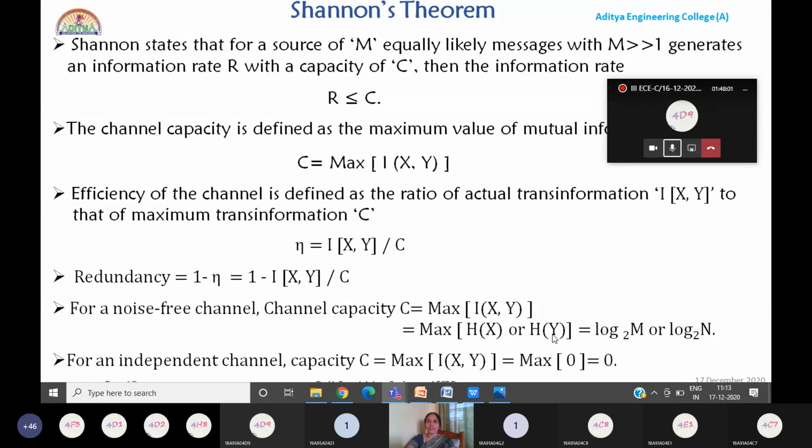okay, here we are considering two sections. One is the transmitter and the other is the receiver. For m equally likely messages, the maximum entropy occurs at P is equal to 1 by m.